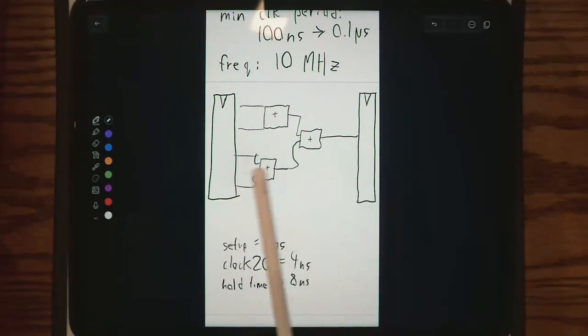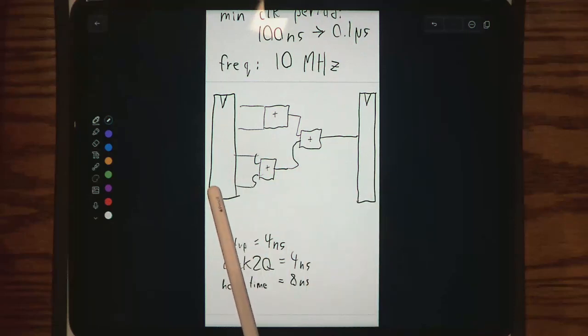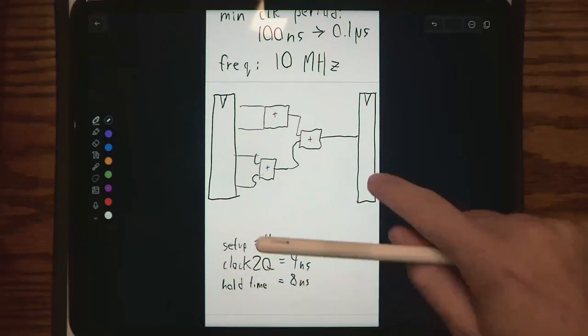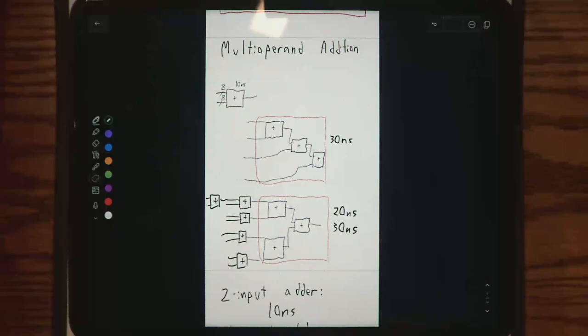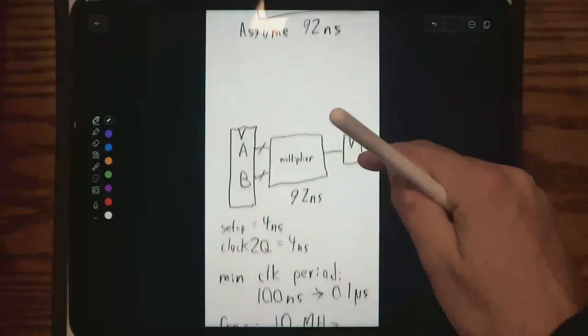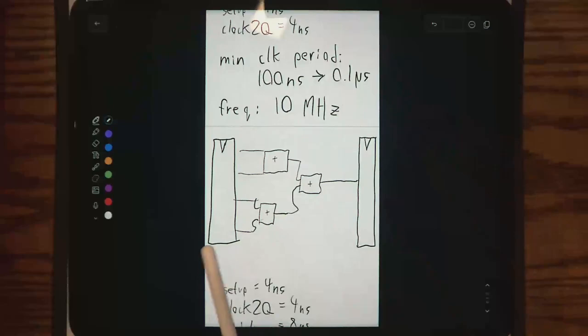Let's assume this is what our circuit looks like. How can we now increase our clock frequency? Not necessarily make this run any faster. We've already figured out that this is basically as parallelized as possible. We can't do any more work, but maybe there's a way that we can at least make our flip-flops run a little bit faster. How can we speed up our clock frequency?